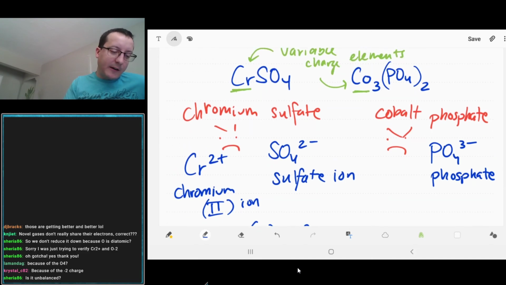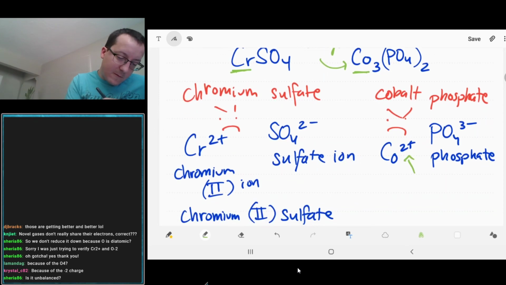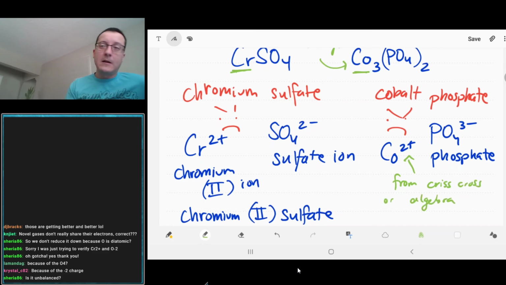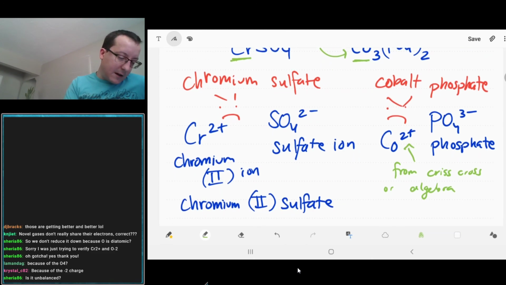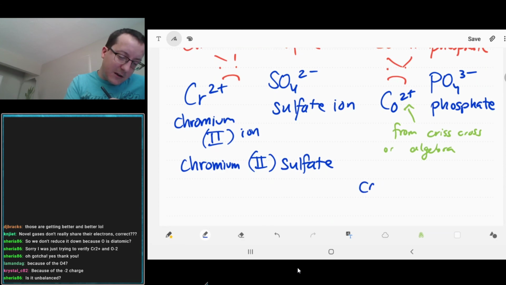And the same thing here, we will figure out that cobalt is 2 plus. We can get this from crisscross or algebra. And so, again, this one will be cobalt 2 phosphate.